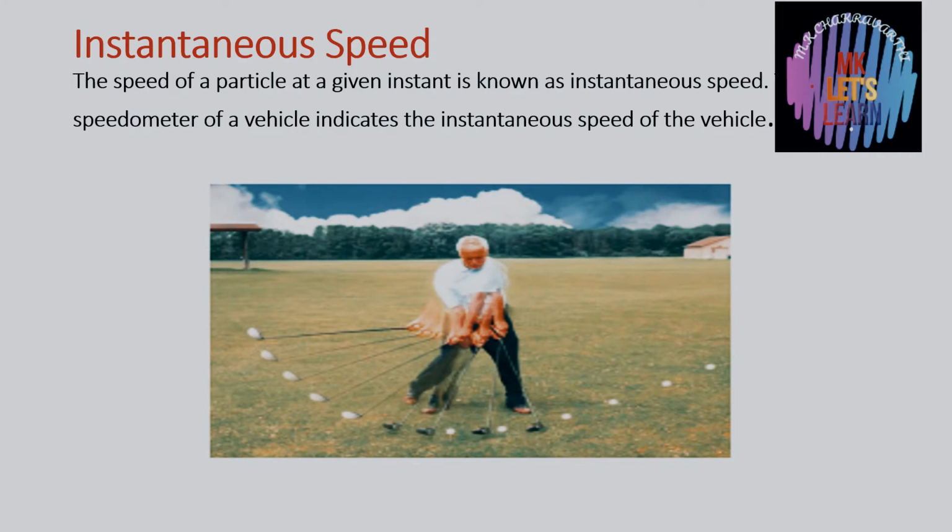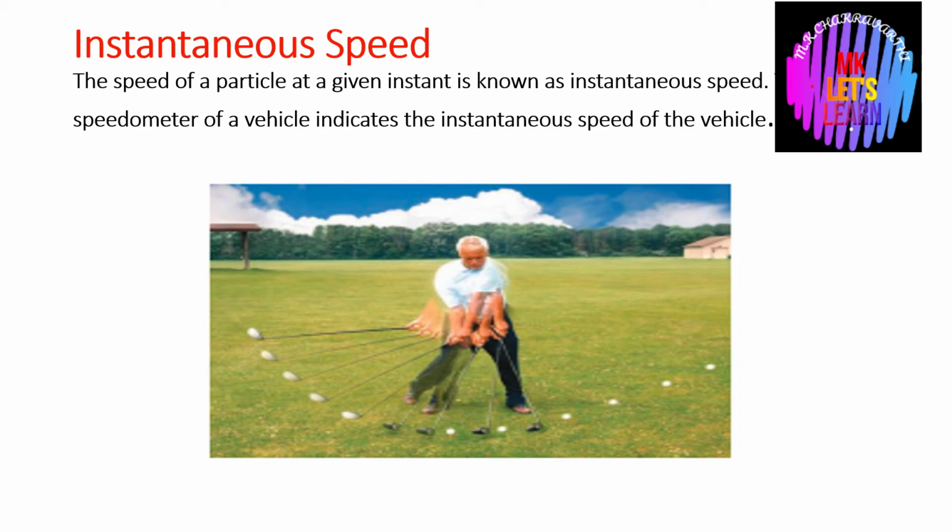To find the actual speed at any instant, we would need to know the distance moved in a very short interval of time. This can be done by multi-flash photography. In this figure, the golfer is photographed while a flashing lamp illuminates him 100 times a second.